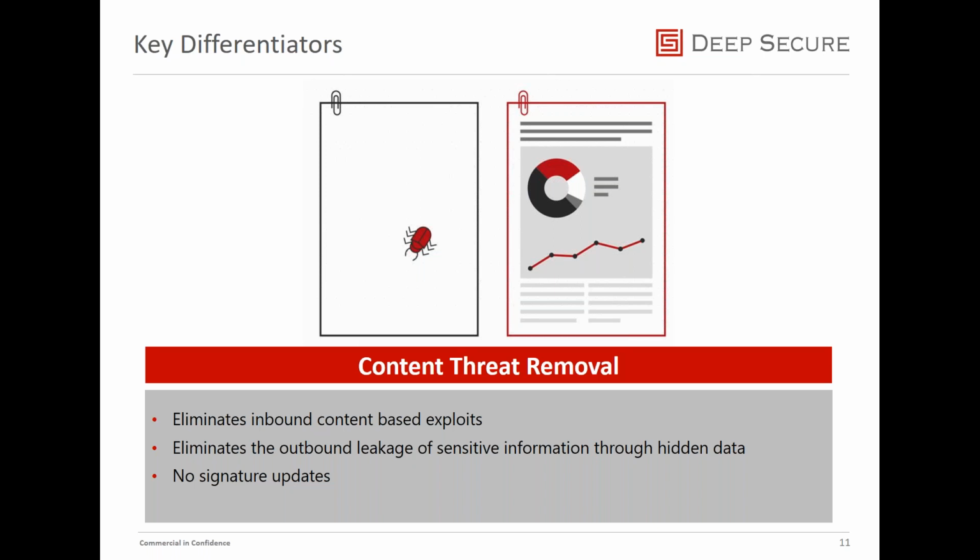Using this approach, you don't need to detect the zero-day exploit or isolate it to observe the behavioral characteristics, you just remove it. And crucially, the user experience is not compromised. As we'll see in our demonstration, business documents are created from scratch with the exact same formatting, layout, and stylistic information, just without the threats.